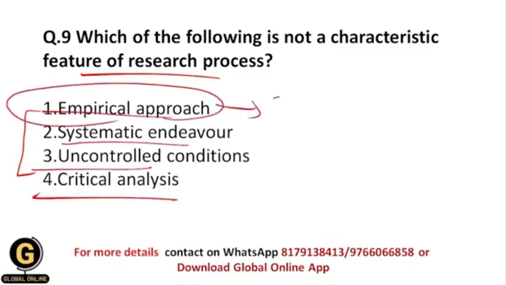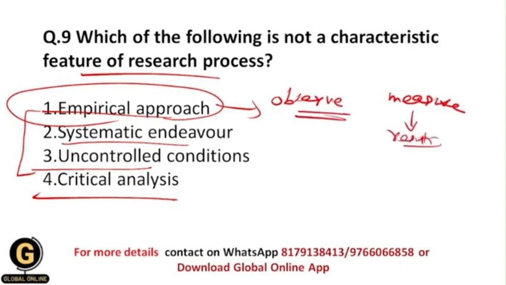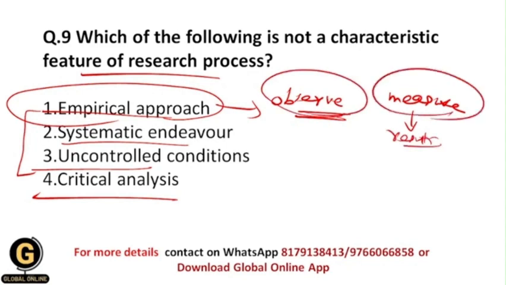It means that here we observe the data, and based upon the observations we measure the data, and after that we get the results. So here we have the proper evidence in terms of observations and measurements. This is nothing but the empirical method, and obviously within the research process we follow the empirical method.